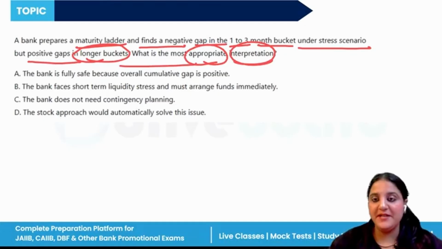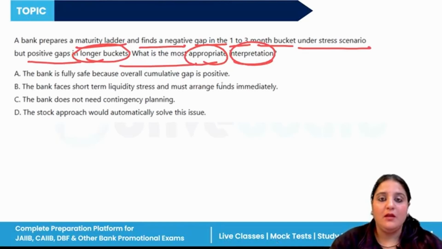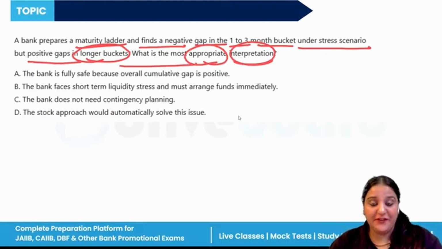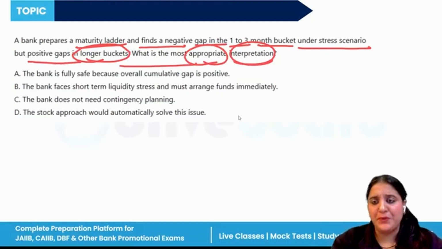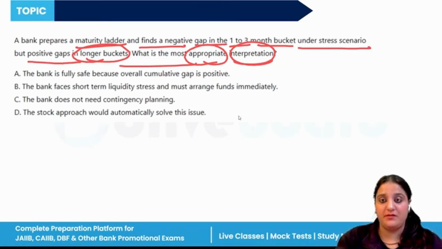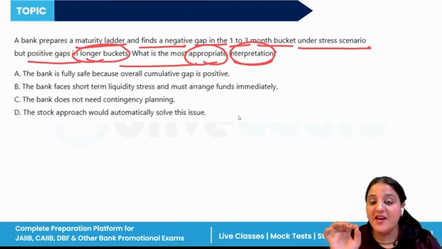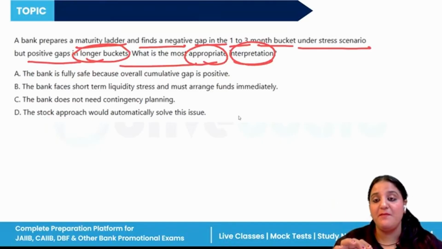So, let me tell you, very simple. You can think that the manager of the bank does something different: instead of just looking at today's balance sheet, he prepares a schedule for the next 1 month, 3 months, 6 months, a year. He writes down when loans will be repaid and when deposits will mature.